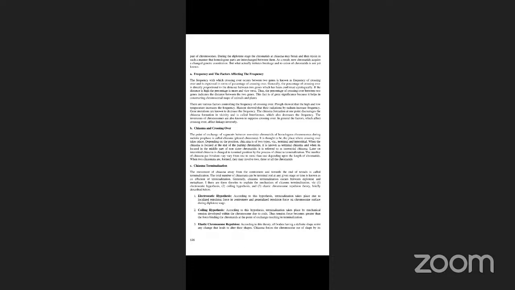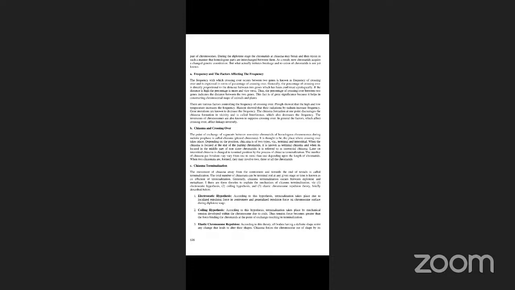Okay. And what is the frequency and what are the factors affecting the frequency? The frequency with which crossing over occurs between two genes is called frequency of crossing over. And here, as I told you, it is expressed in percentage. Generally, it is directly proportional to the distance between the two genes.